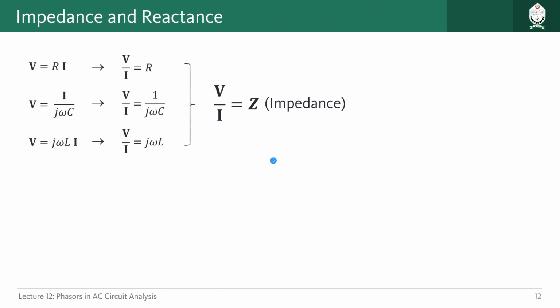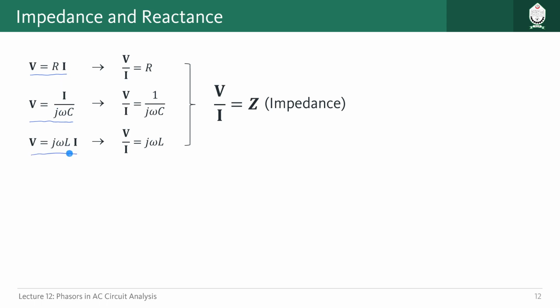Now the final thing, based on this relationship we have, we want to represent each of the elements, like resistors, inductors or capacitors, by a fixed value, and that is done something like this. So previously we had seen this voltage and current relationship for resistor, capacitor and inductor.